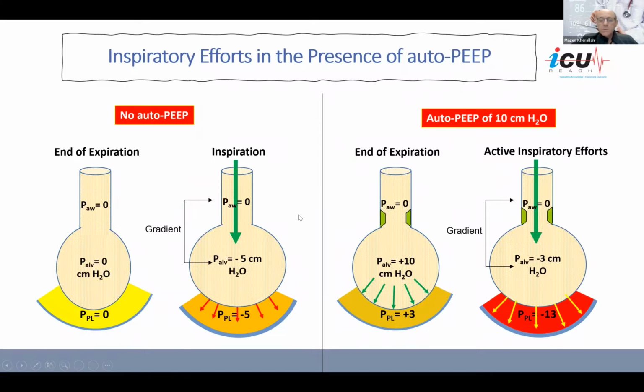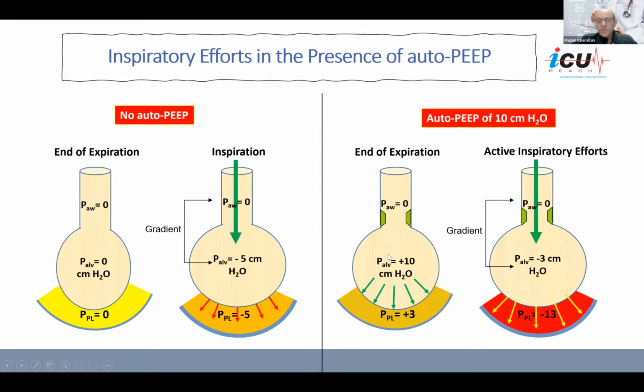and we're going to assume that we have alveolar pressure of 10 centimeters of water. This is end of expiration. Airway pressure is 0, and alveolar pressure is 10 centimeters of water.